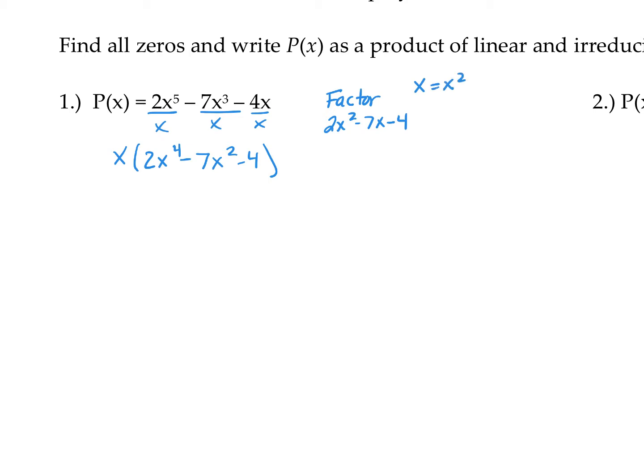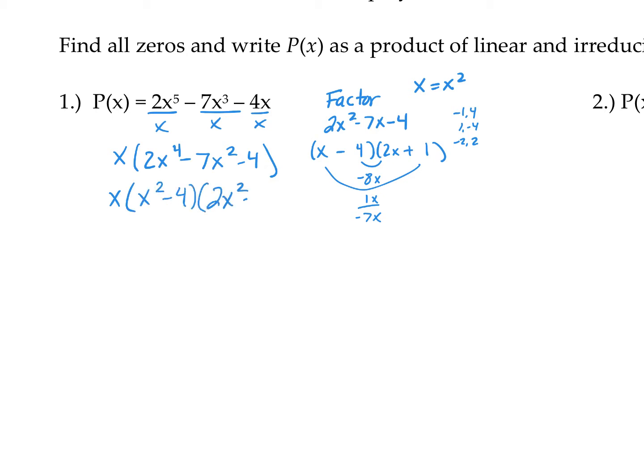So in this case, 2x squared would be x times 2x, and then negative 4 would be negative 1 and 4, 1 and negative 4, or negative 2 and 2. So if I'm trying to get negative 7, I think it's going to be negative 4 and positive 1, which if I check, I'll get negative 8x, 1x, which will be negative 7x. So how this is going to factor is x squared minus 4, and then 2x squared plus 1.